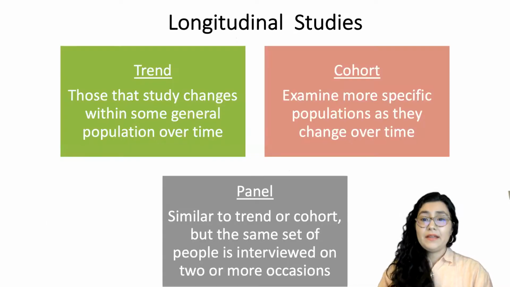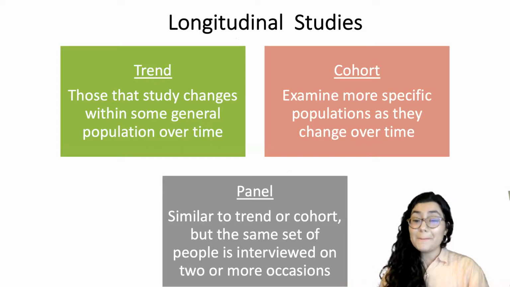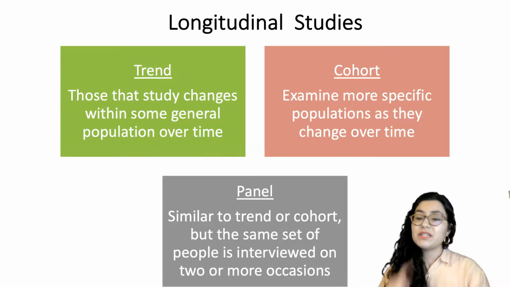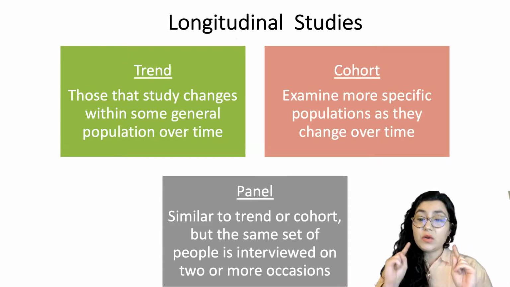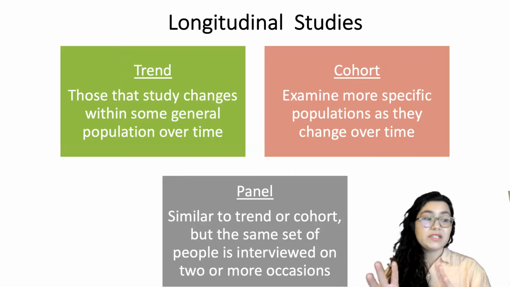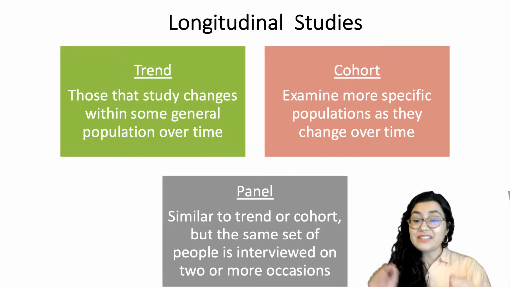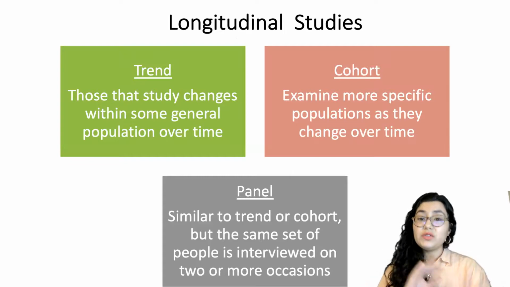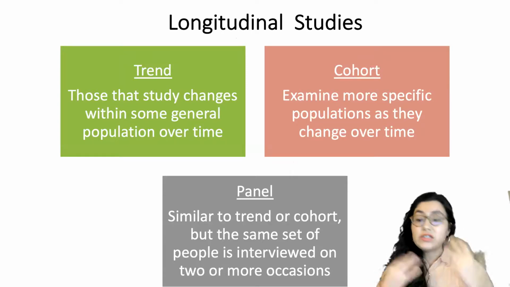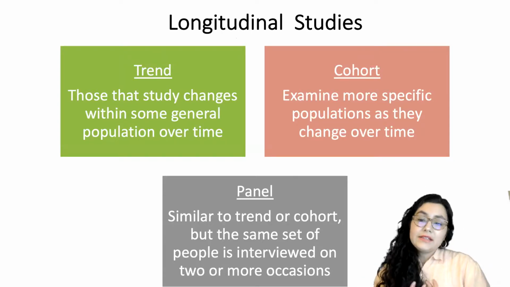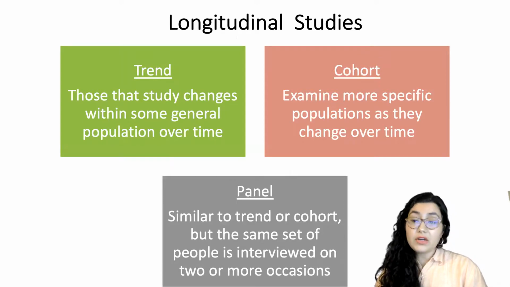Okay. And so there's different types of longitudinal studies. And so this is just a primer. We're going to get more into these specific types because they're often used in quasi-experimental designs, which means when we can't do randomization, sometimes we'll use longitudinal studies to try to make causal arguments.